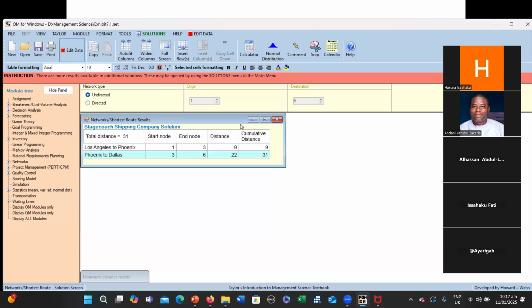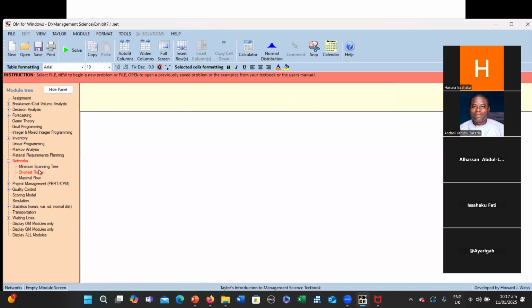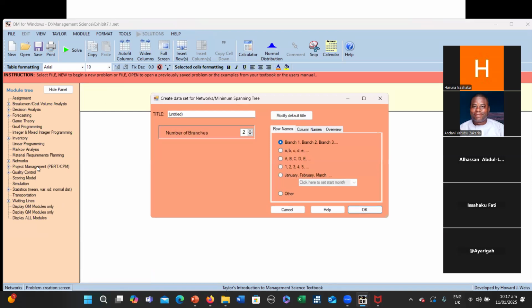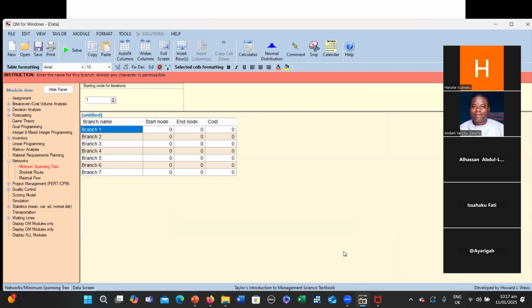If you open your QM for Windows, you go to Networks and choose minimum spanning tree. You can select the number of branches. So for instance, if it's 7 branches, you select 7 and you click OK. The template will be provided for you to enter.